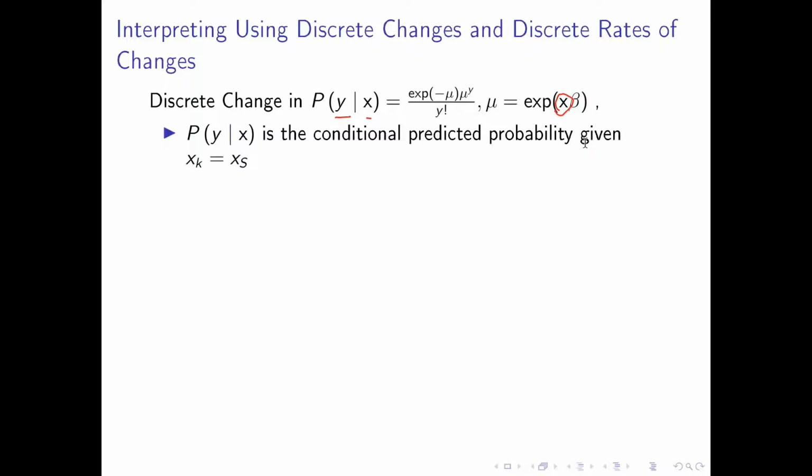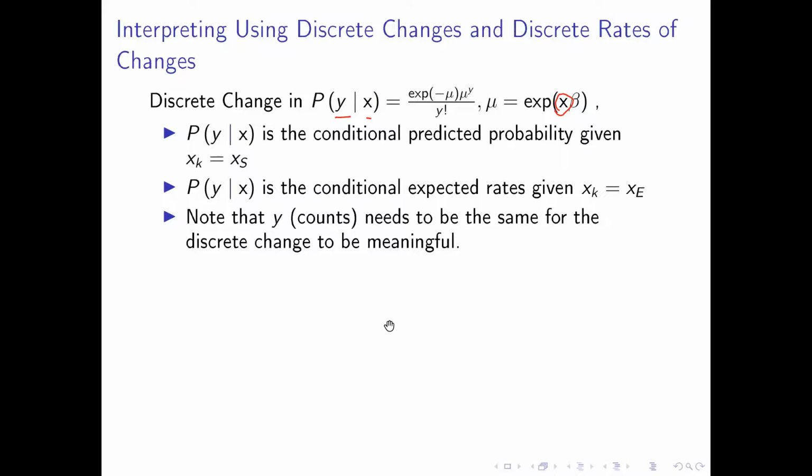So in this case, again, the probability of y given x is the conditional predicted probability given xk equal to x subscript s, the starting value of x. And another predicted probability, y given x, is the conditional predicted probability given xk, this generic variable, equal to x subscript e.